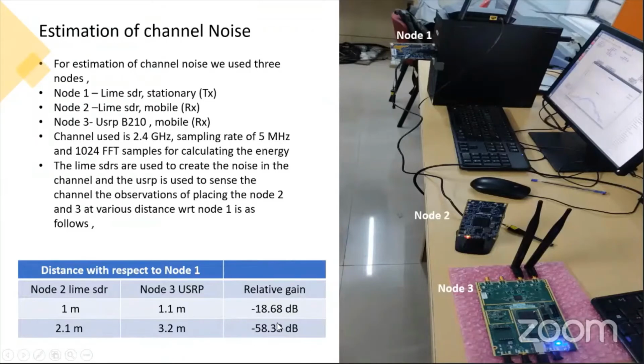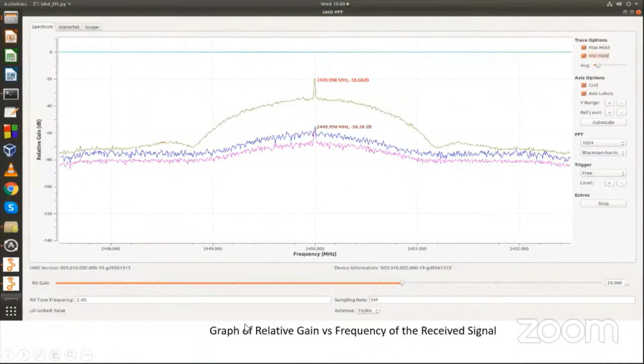We came to a conclusion that minus 18.68 dB should be set as the noise threshold when we are working in a high noise area, and minus 58 dB is okay when the noise is comparatively less. So these are the graphical representations of the highest noise recorded and the lowest noise recorded in the channel.